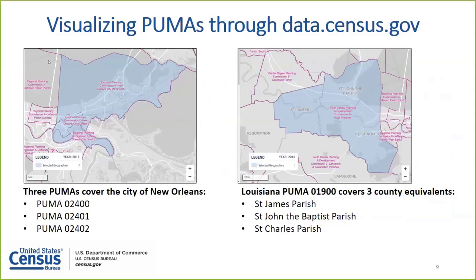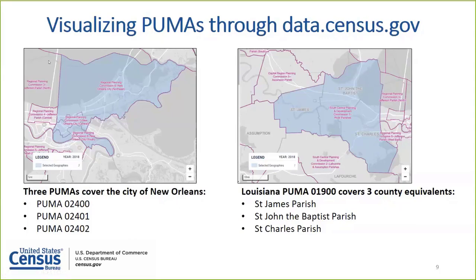So just to visualize this, here I've taken a screenshot through Data.census.gov of our mapping part of the platform. On the left-hand side, what we're showing are the 3 different public use microdata areas that make up the city of New Orleans. So it's these 3 PUMAs that are listed out for you. They also have a common name, such as Regional Planning Commission 6, New Orleans City Northeast.